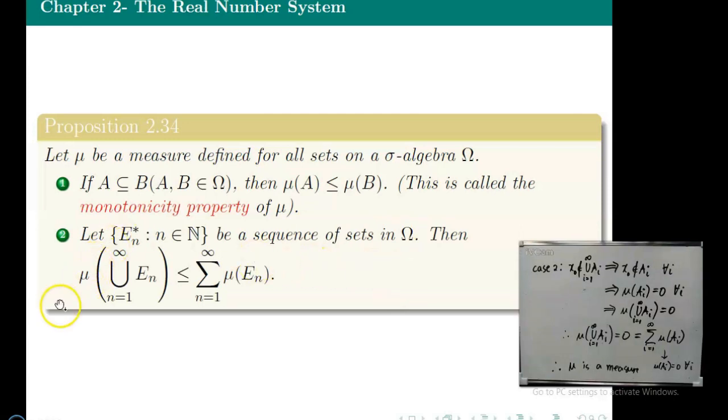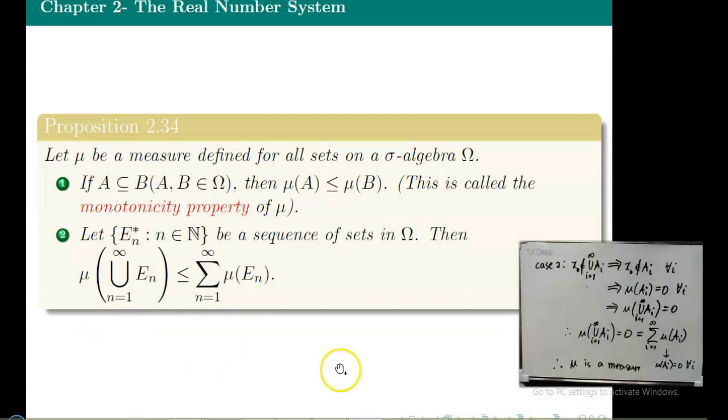Next, we let this be a sequence of sets. Then, as you can see here, the measure of the countable union of E sub n is less than or equal to the summation of mu of E sub n.